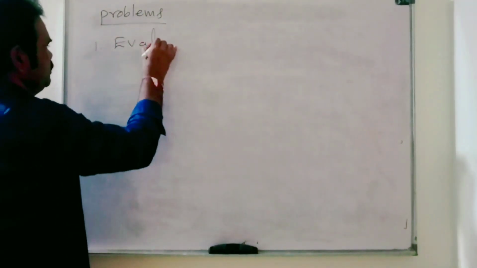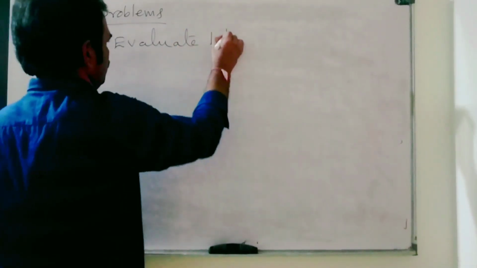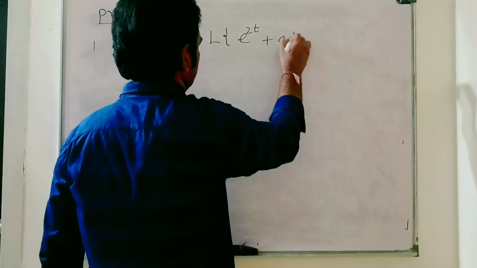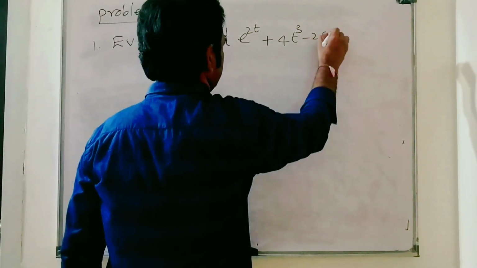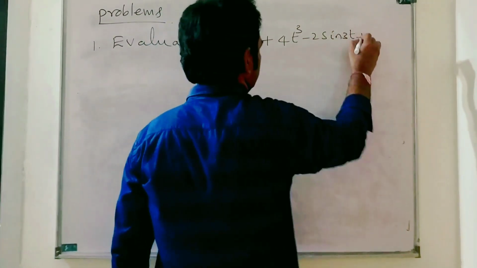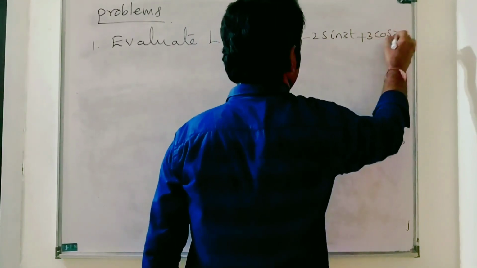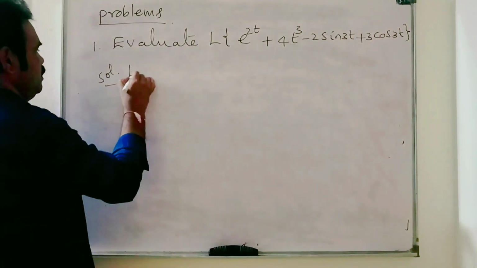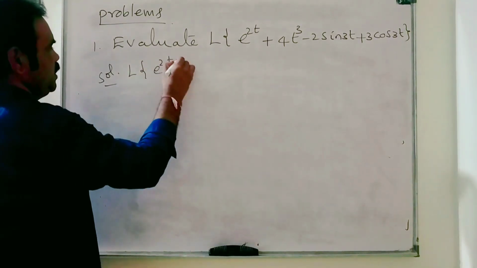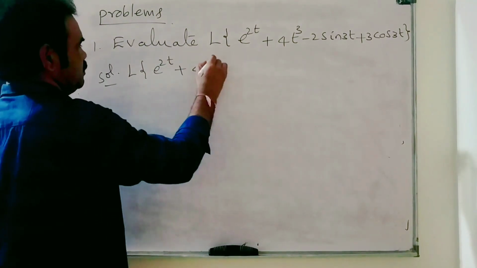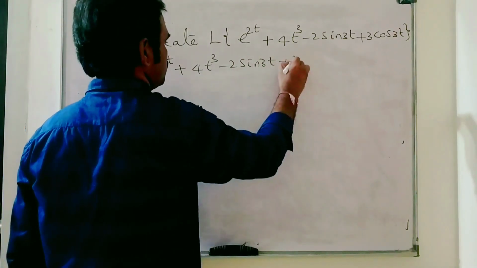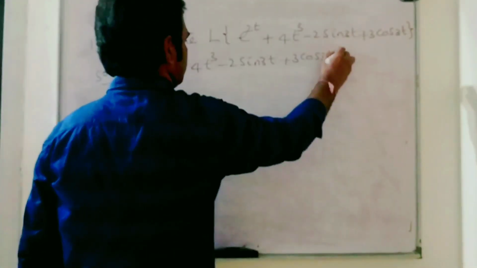Evaluate L of e power 2t plus 4t cube minus 2 sin 3t plus 3 cos 3t.